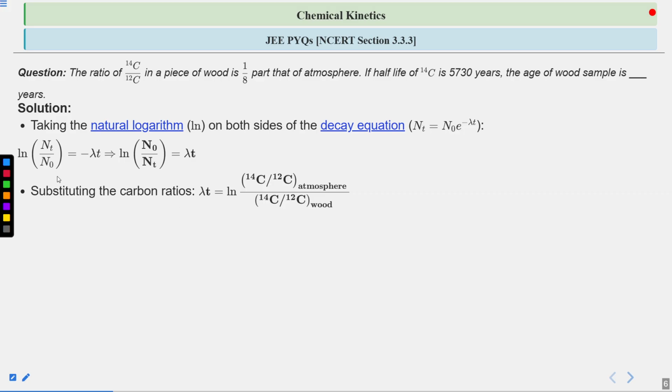Because we have written Nt by N naught as equal to this ratio, using the carbon dating context where Nt and N naught are the ratio of 14C to the stable 12C. Nt by N naught was the wood to atmosphere ratio, so N naught by Nt becomes the atmosphere to wood ratio. So lambda t equals ln of the 14C by 12C ratio in the atmosphere to the 14C by 12C ratio in the wood.